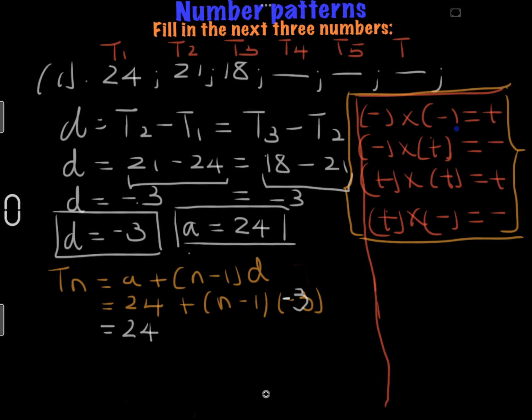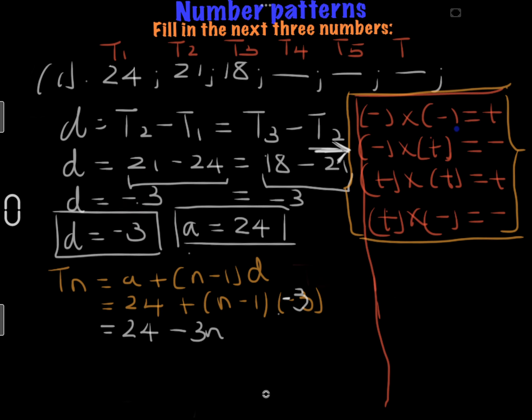We have negative 3. The difference is negative 3 multiplied by positive n is negative 3n. Okay? Because we saw it here, in the second row, there it is. Negative times positive gives us negative.